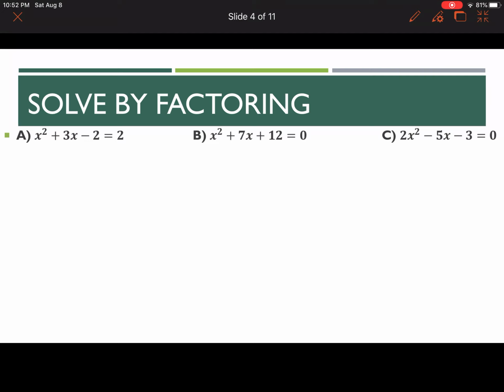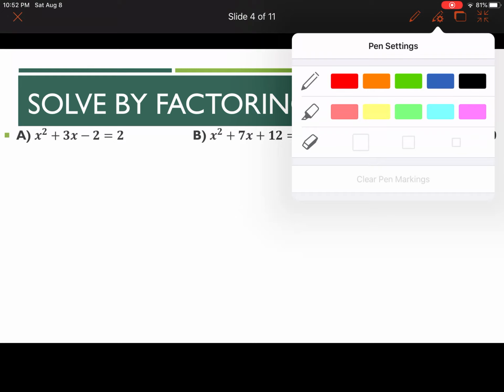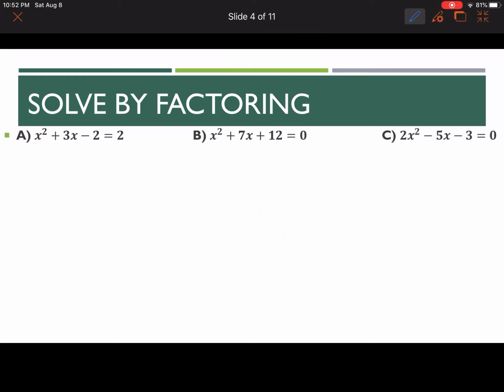So, in order to factor, the first thing you want to do for factoring is set it equal to 0. So we're going to do that by subtracting 2 from both sides.